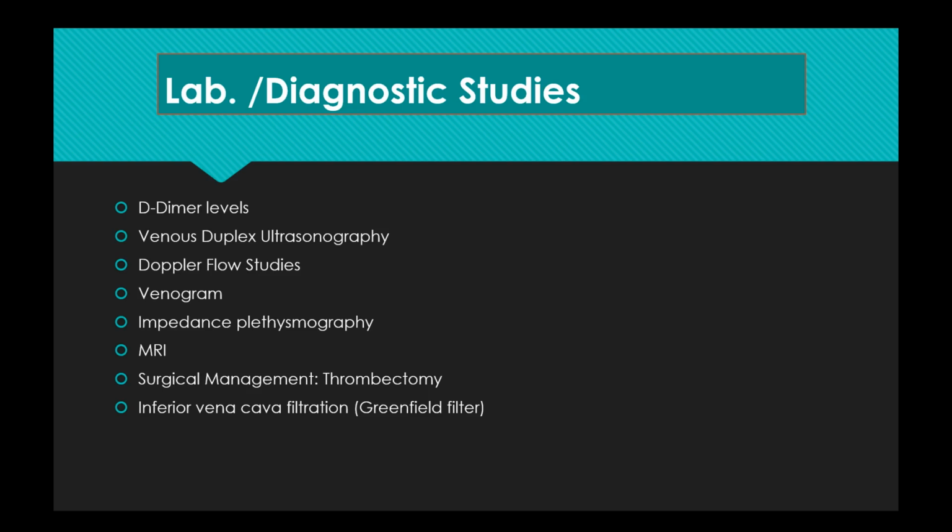So if there's evidence of broken down clot after a certain level, those levels, if elevated, really indicate the presence of a clot that is degraded by fibrinolysis, okay?